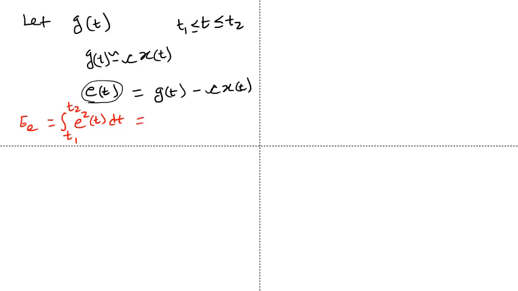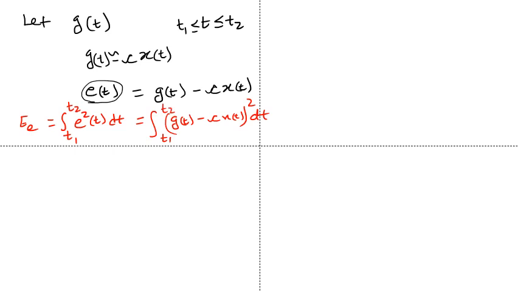In this expression we can substitute the value of e(t), which is g(t) minus c of x(t), whole squared, dt, from t1 to t2.